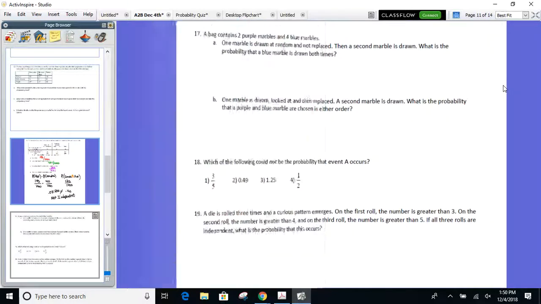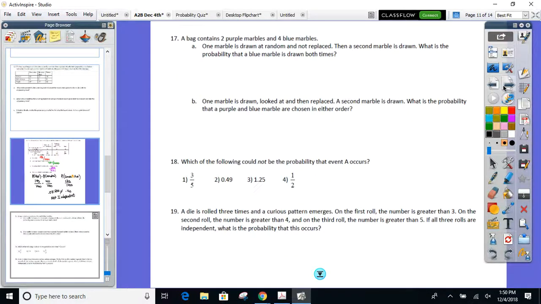And that one last problem is number 17 with my marbles.